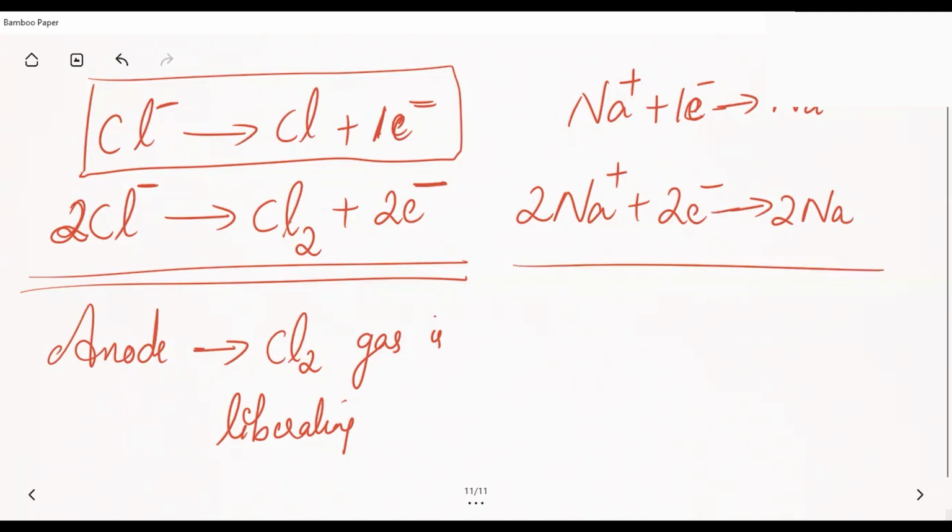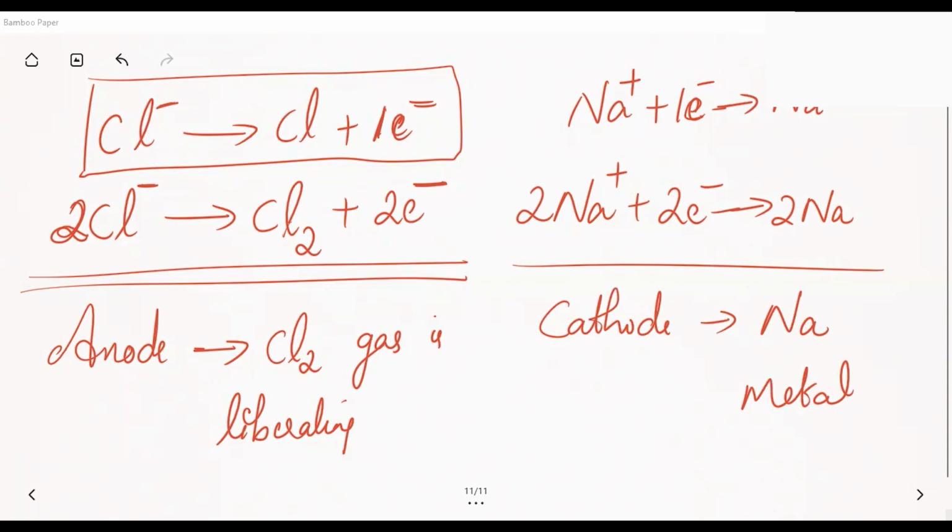So now tell me what is produced at the cathode. Sodium metal is produced at the cathode. This is the reaction that takes place in the electrolysis of sodium chloride.